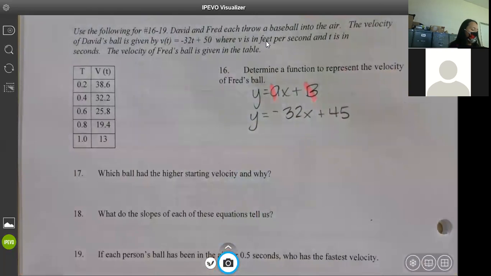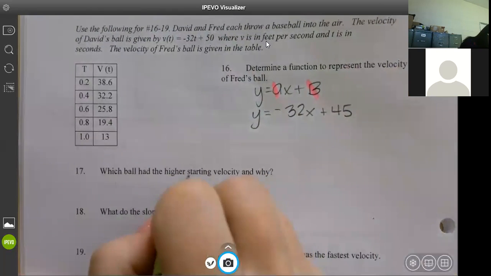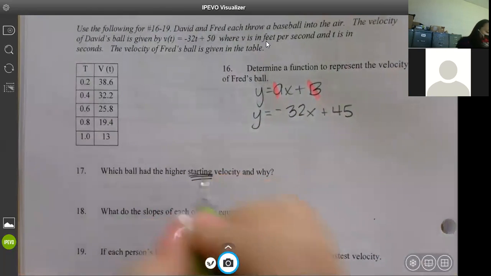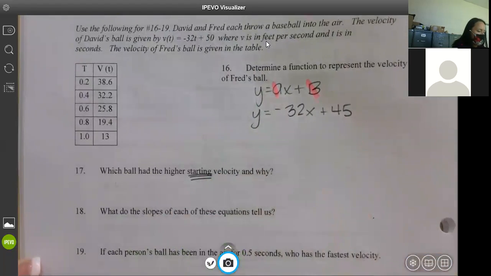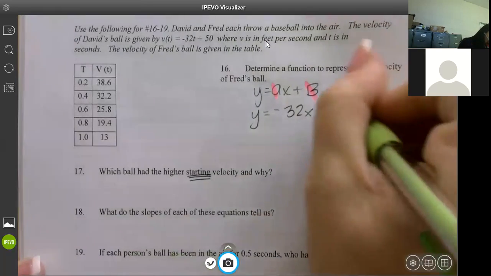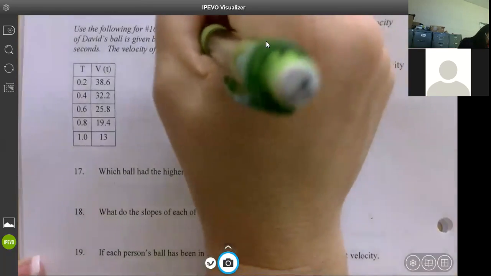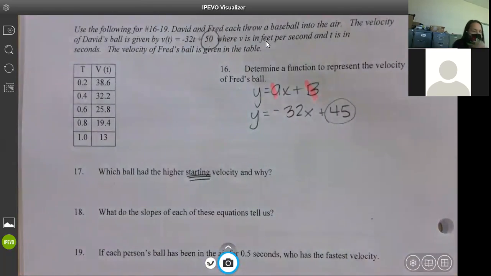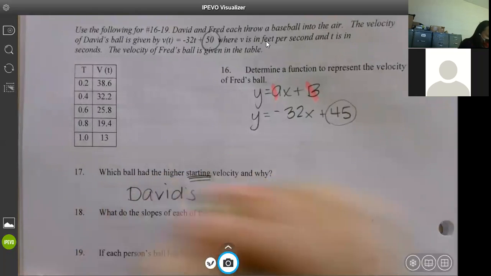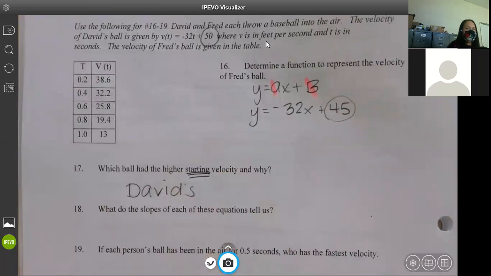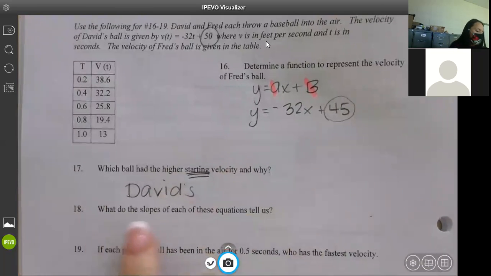All right. Which ball had the higher starting velocity? Which number represents where you start? The one with X or the one that's not with X? So we're going to look at 45 and 50. Which one was the highest? David's. What do the slopes of each of these equations tell us?